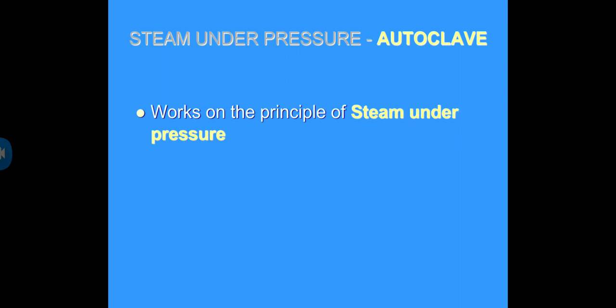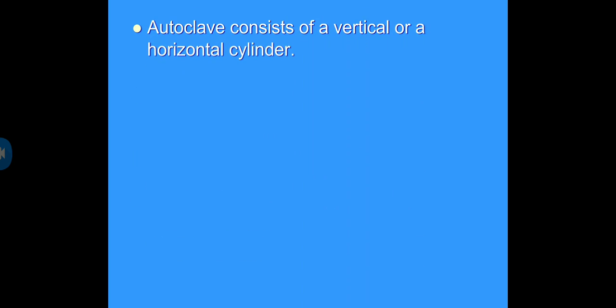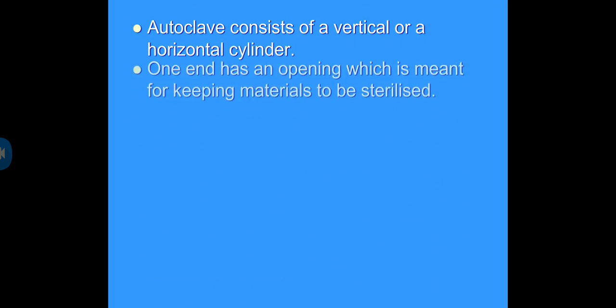Another one is steam under pressure, that is the autoclave. The autoclave works on the principle of steam under pressure, and it was invented by Charles Chamberland in 1879. This diagram is our autoclave. It consists of a vertical or horizontal cylinder.